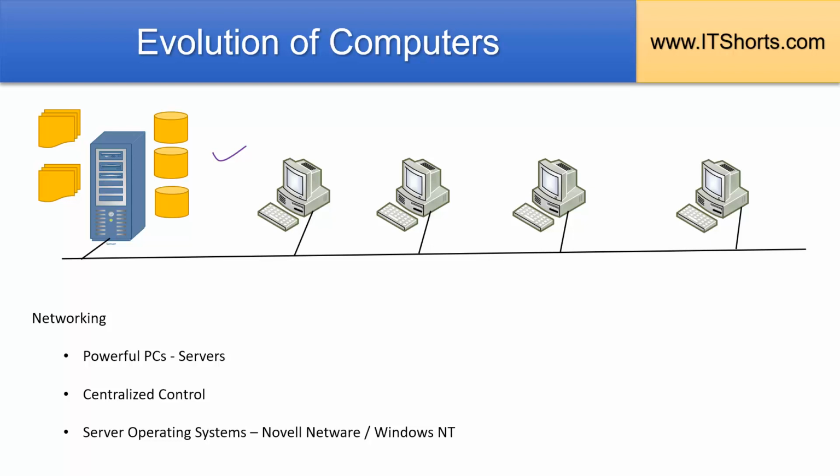Only the administrators were given physical access to the central server computer. With an uninterrupted power supply, also known as UPS, powering these computers, a server computer running 24/7, which is a reference to saying running all the time, became a common thing.